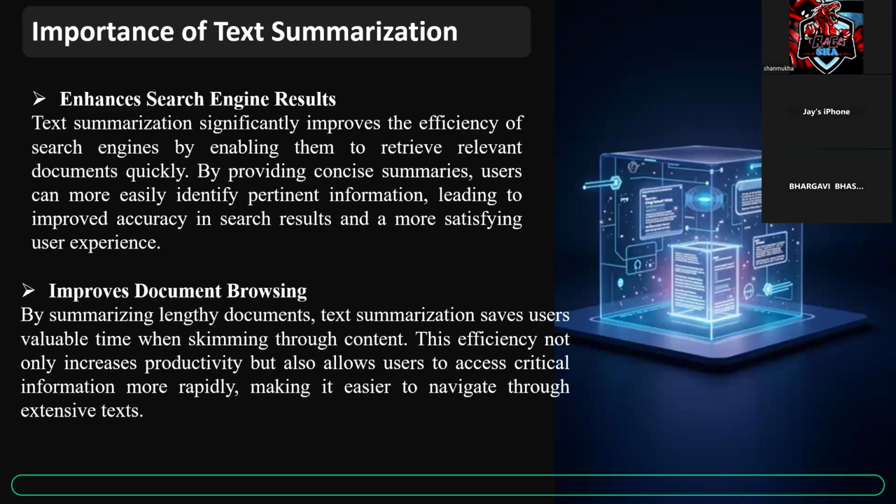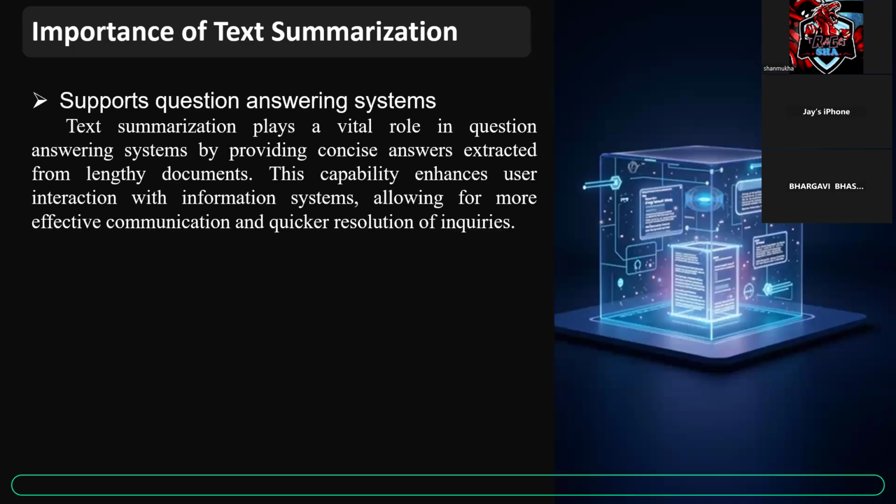This efficiency not only increases productivity but also improves user access. And it supports question answering systems: text summarization plays an important role in question answering systems by providing concise answers extracted from lengthy documents. This capability enhances users' interaction with information systems.